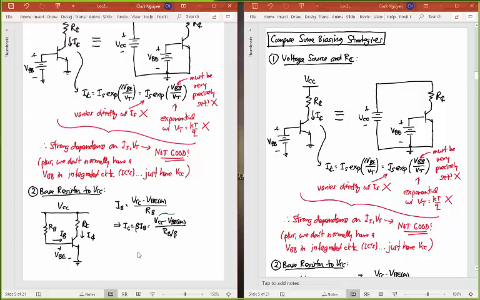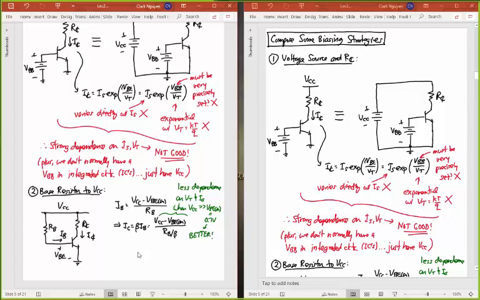Okay, so this top portion of this I like, and I'll write it out, because I have less dependence on VT and I sub S when VCC is much larger than VBE on, which is about 0.7 volts, right? And so because of this, I consider this better than the circuit above.